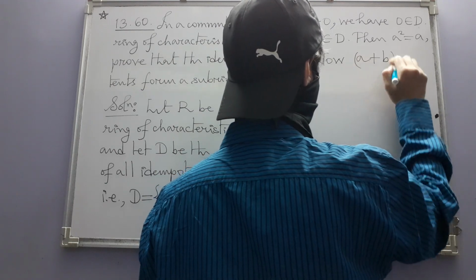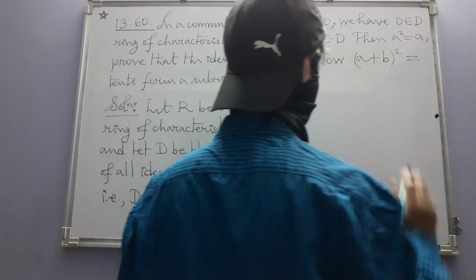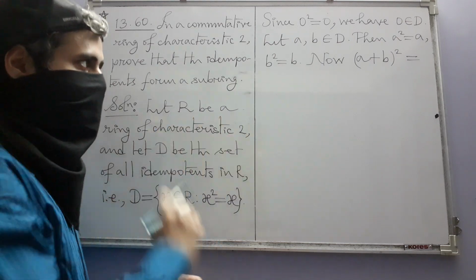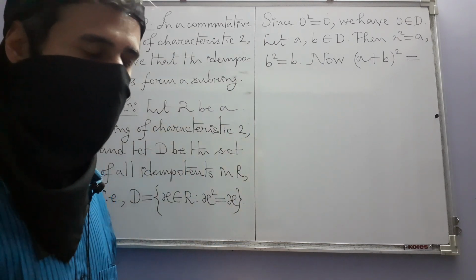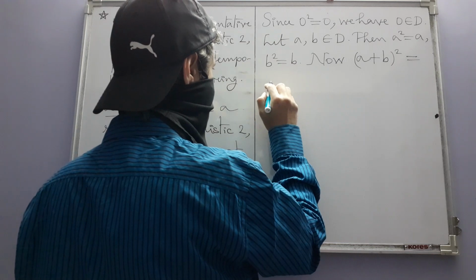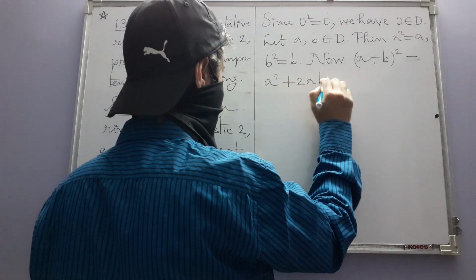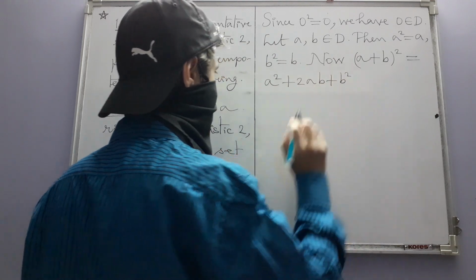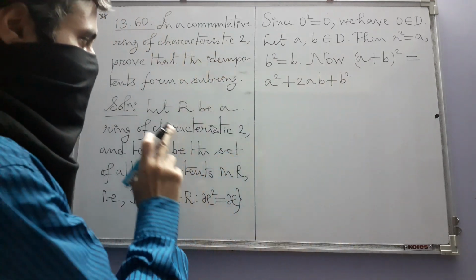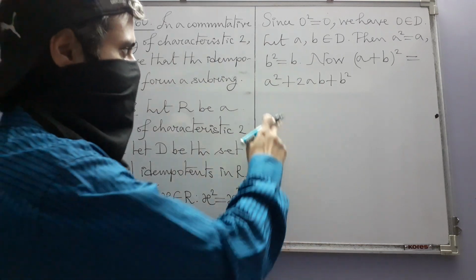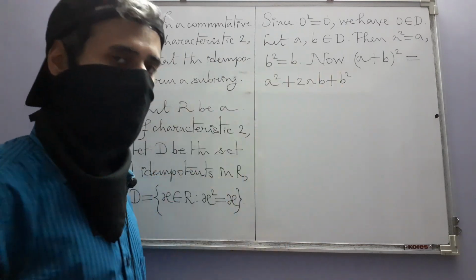What is the square of A plus B? Because we are in a commutative ring, the usual binomial theorem holds, and we can write A square plus 2AB plus B square. Had this ring been a non-commutative ring, you would not have been able to write this.